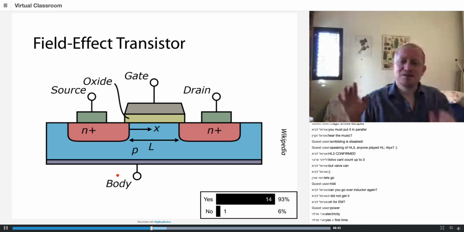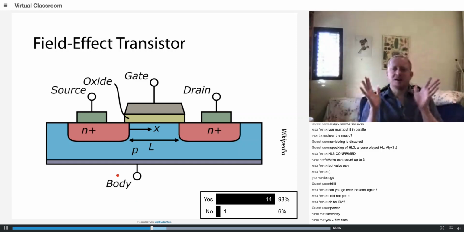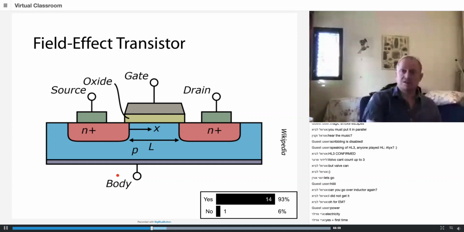So a MOSFET is a transistor built out of a semiconductor. Silicon is an example of a semiconductor. Well, what is a semiconductor? We know that there are things in the world which are conductors, for example, gold or copper. And we know there are things that are insulators, for example, glass.